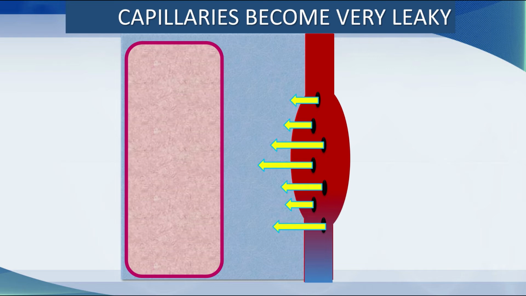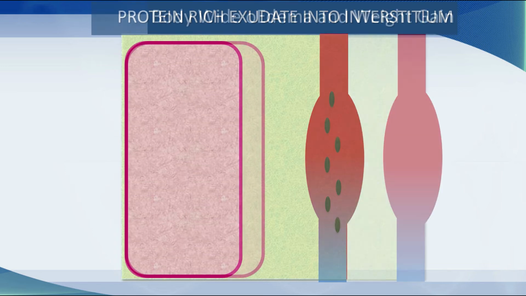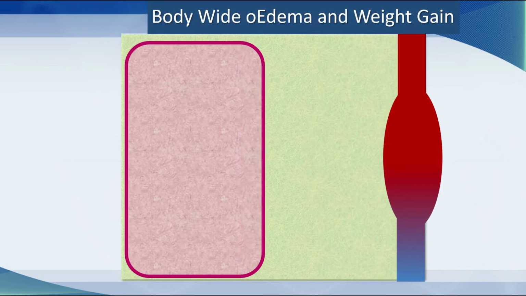Very little fluid normally extravasates out of the capillaries. But when the interstitial matrix is broken down and the glycocalyx is disrupted, fluid literally pours out and the capillaries become really leaky, and then all this protein-rich exudate enters the interstitium and the body becomes quite edematous and the patient gains a lot of weight.